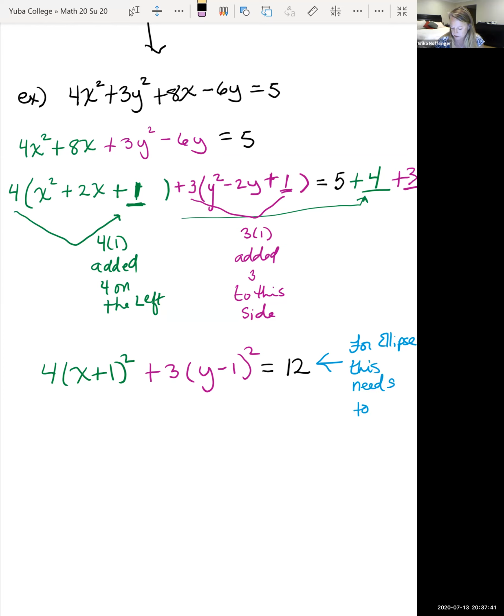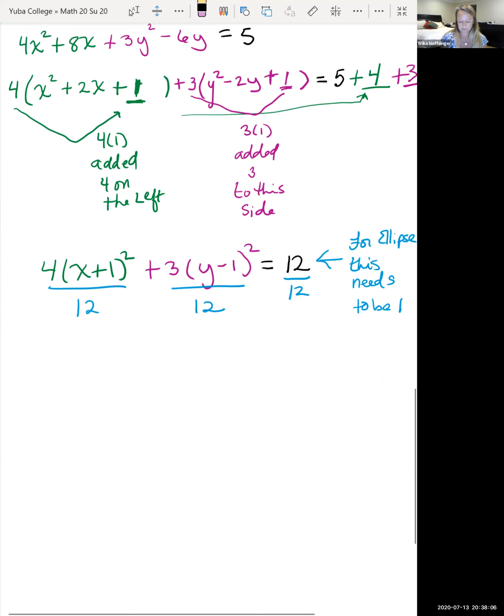And we don't do this step until we have the perfect squares. So I will not have started up here at this top and divided everything through by 5. That would have just made my life really complicated when I had to pull out a coefficient. Okay, so it needs to be 1. So divide this by 12. Technically, I'm dividing each grouping on each side of the equation by 12.